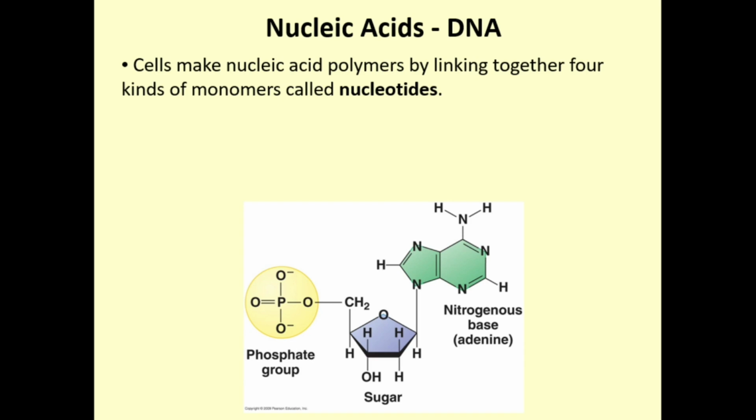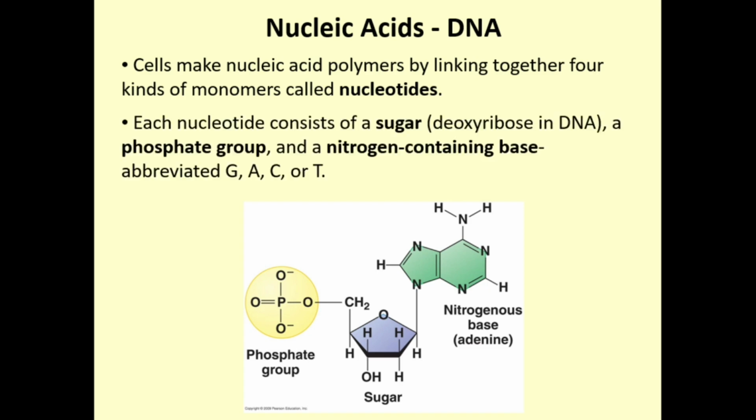Cells make these polymers by linking together 4 kinds of monomers called nucleotides. Each of these nucleotides is made up of 3 separate components. 2 of those components will always be the same, but the third component comes in 4 different types.